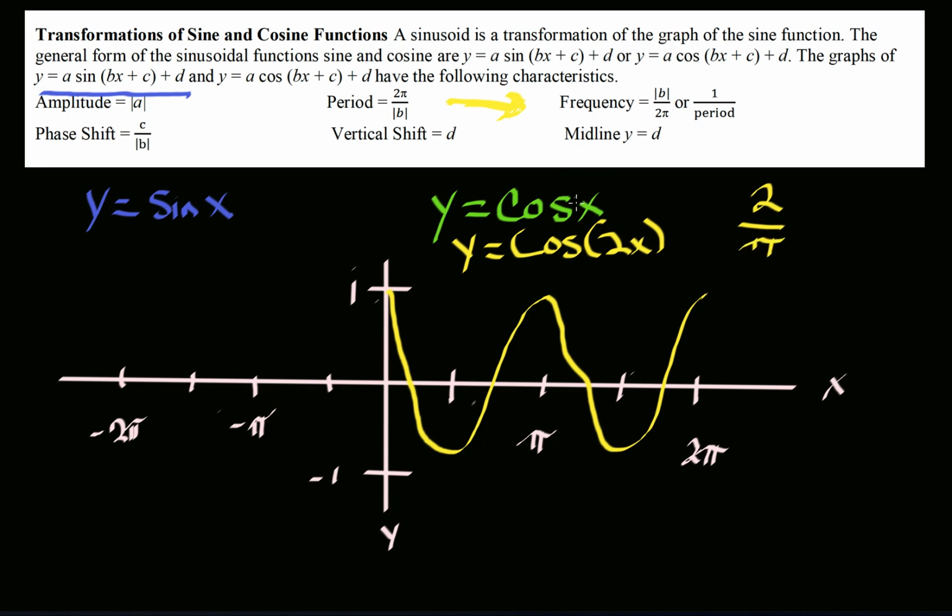Because if our b is 2, we have 2 pi over 2, which meant our one whole wave would be right here at pi. So our frequency is 2 over pi. And all that tells me is that I have 2 waves in here.